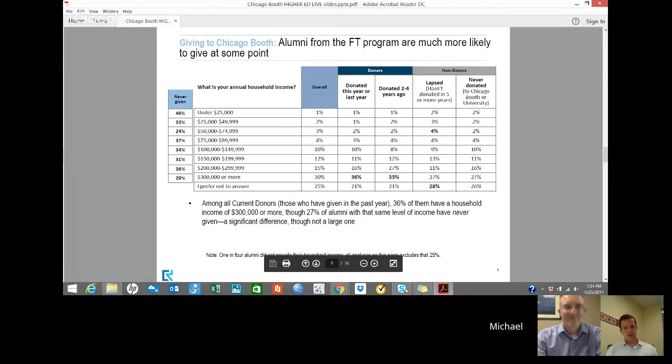So never ask for $20 if someone's making 200,000 or more a year. All of our first asks for anyone who's not a donor is always 250. We've consistently found that the more you ask, the more you get with our population. We're a dollars-focused program. We're not an alumni participation program. And so that really makes a significant impact when you ask for more.